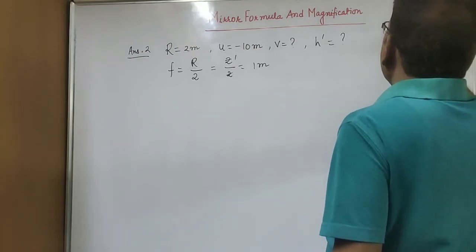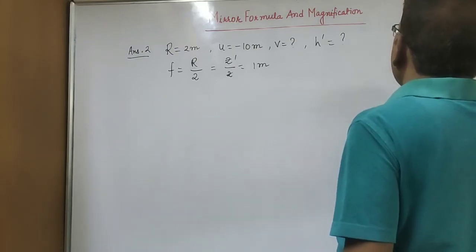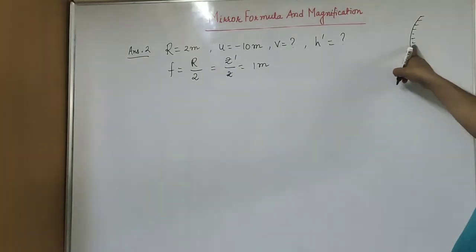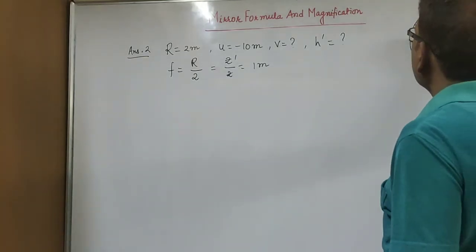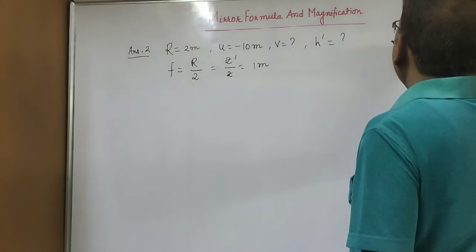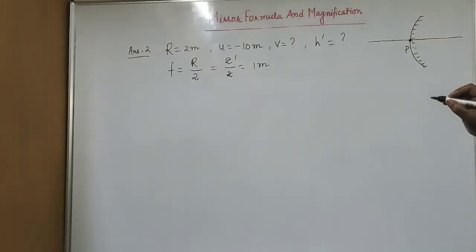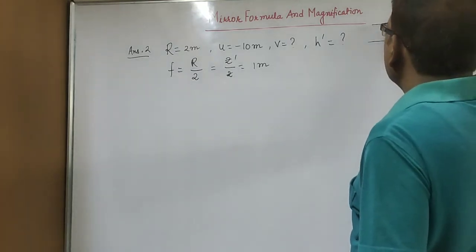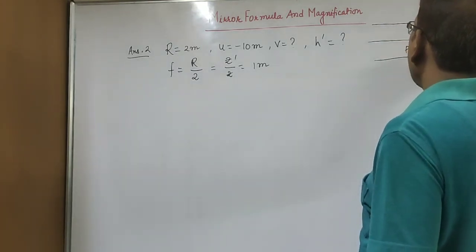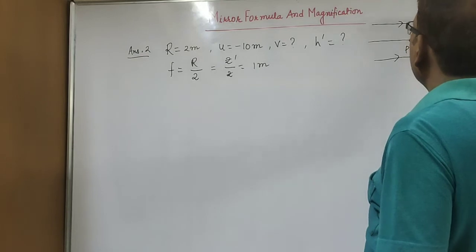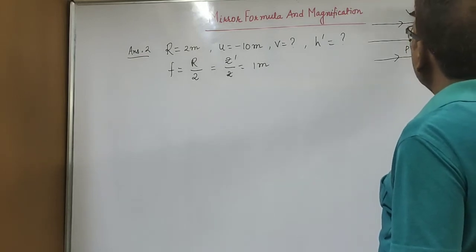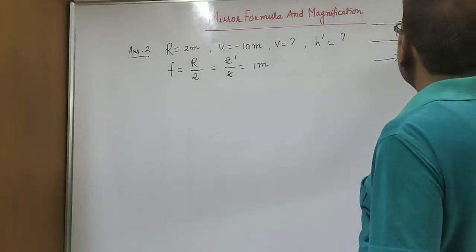Let us check. A convex mirror is like this. The outer surface is the reflecting surface and this is pole. We draw a horizontal line through the pole. This is principal axis. Now suppose two parallel rays of light are coming. They strike the mirror surface. They reflect back in this direction.